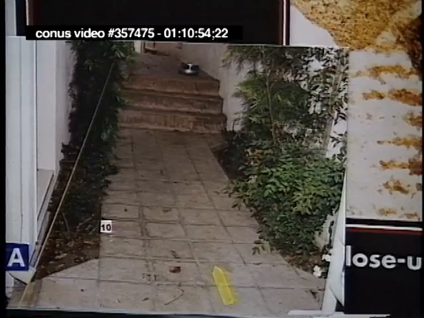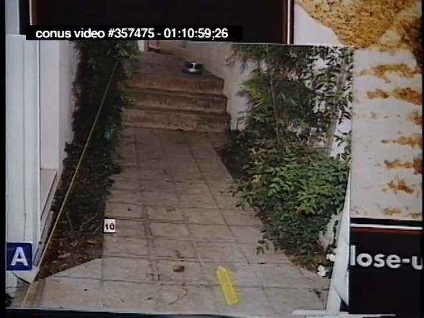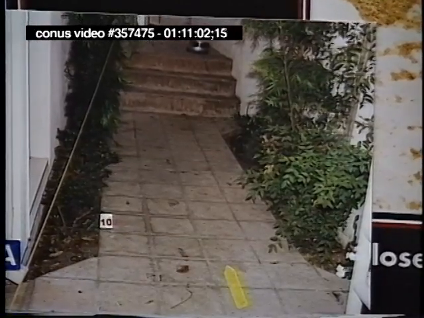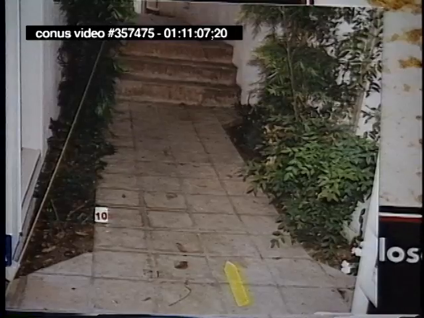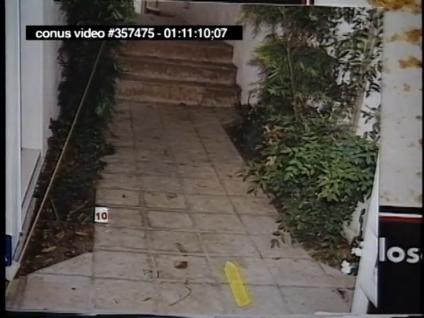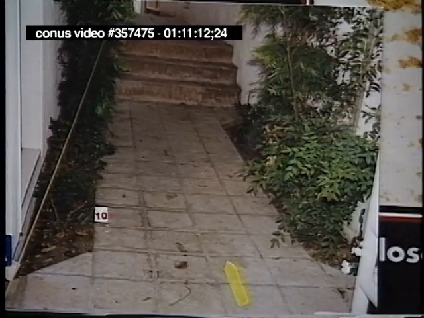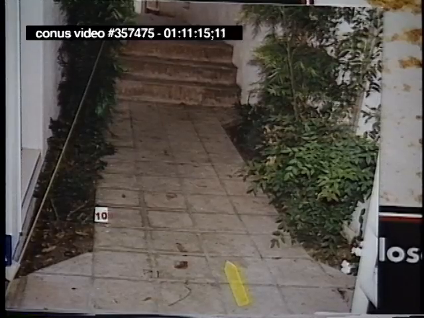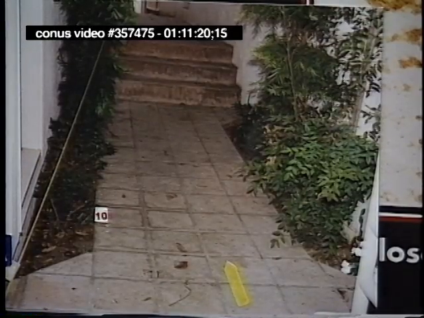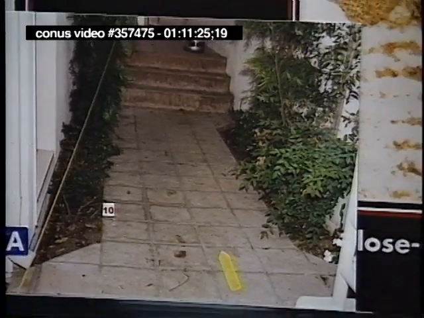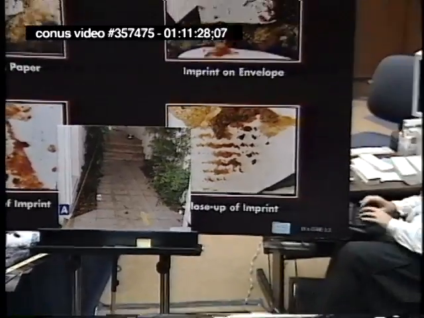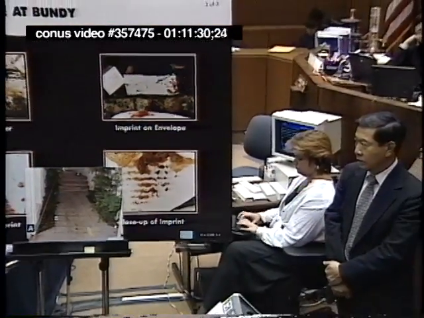In which direction, just visualizing in this photograph, looking from the yellow arrow towards the step area. Between those two markings, the yellow arrow and the step area, do you see a series of images that could be imprint evidence? Yes.